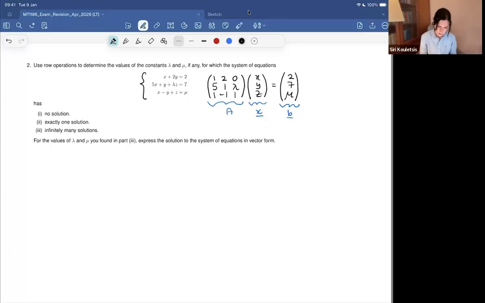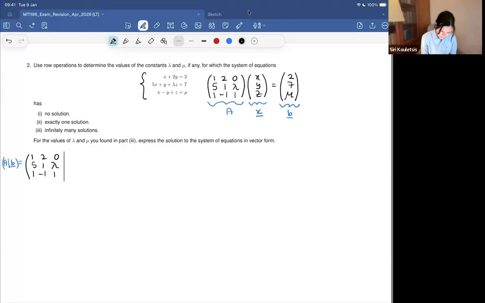And now, like I said, we would start the question just by writing down the augmented matrix directly, and then start doing row operations.